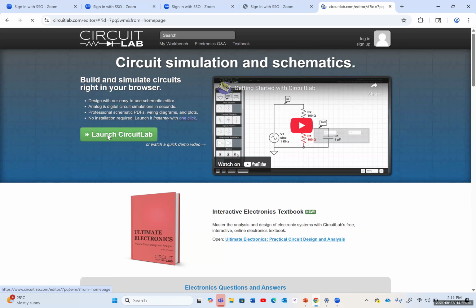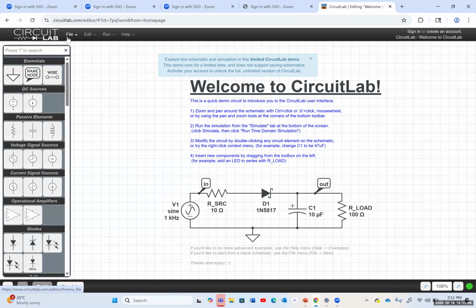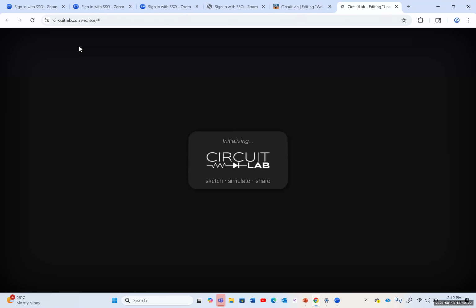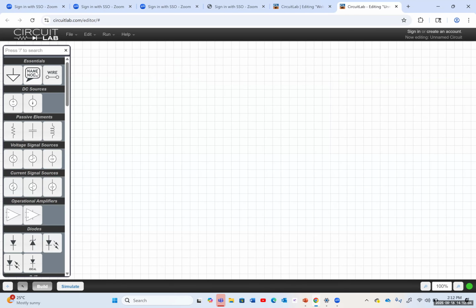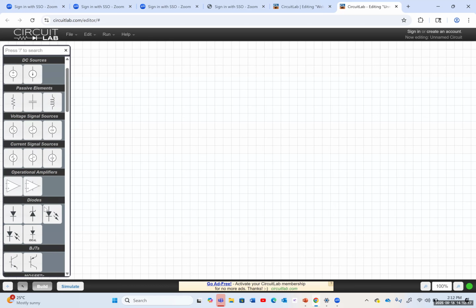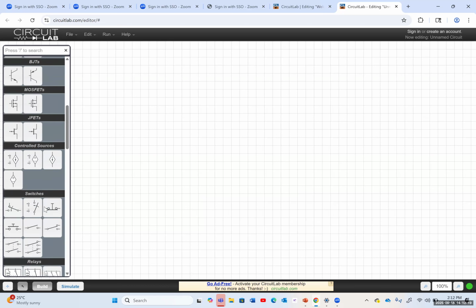So you would start with launching Circuit Lab. You can start with a new project. And on the left, you would see the different components. You will have ground, different nodes, wiring, voltage source, current source, capacitors, resistors, inductors, which we don't use in this class.